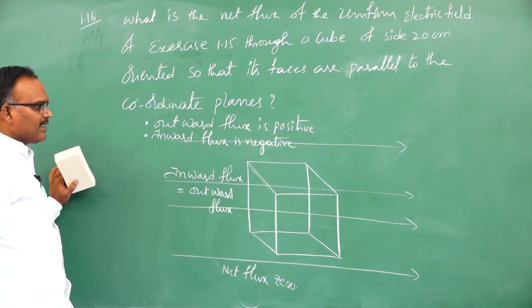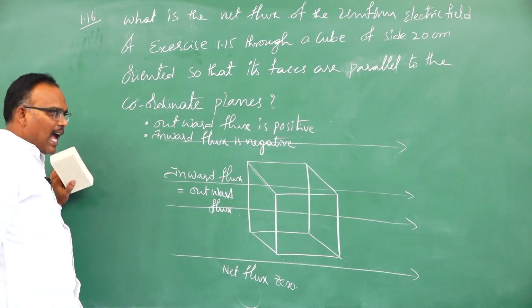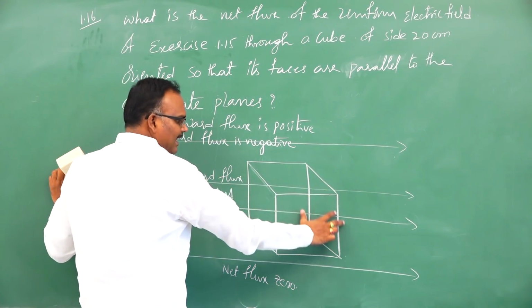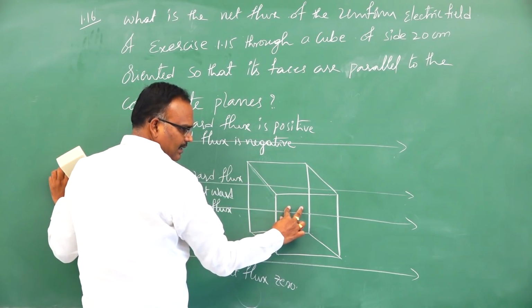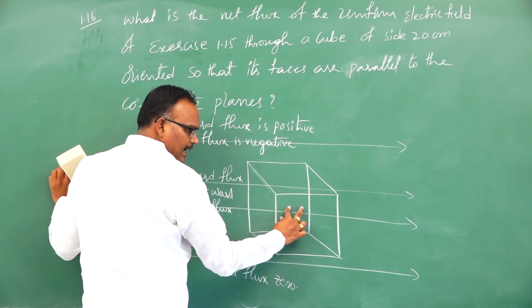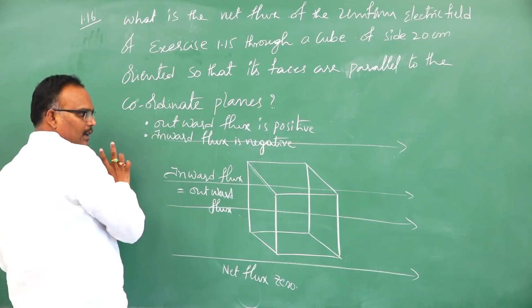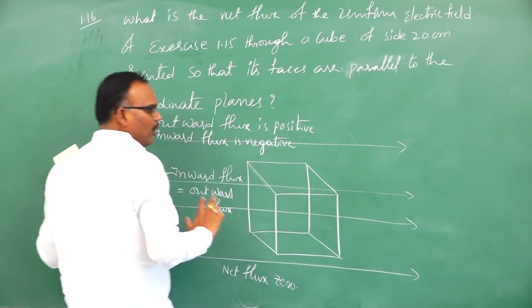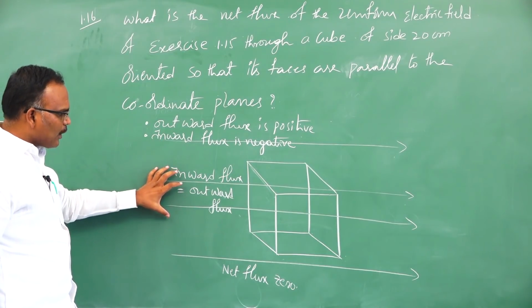Okay. So it is very easy to say, if the charge does not exist inside the given surface, if the charge is outside, or in a uniform electric field, we don't know which charge is producing this field.